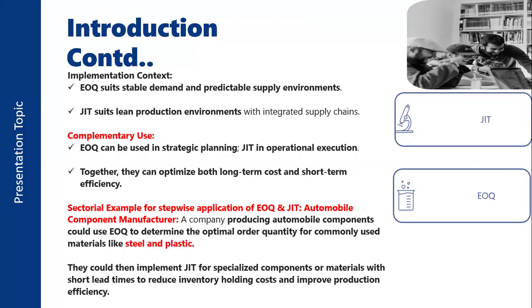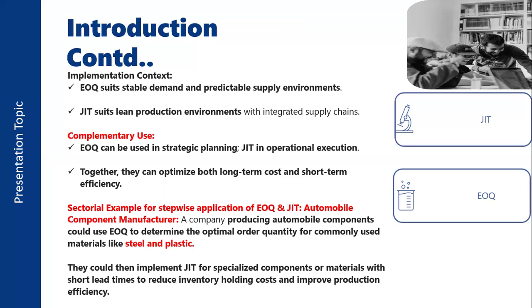Finally, we come to the complementary use, which means the use of both in togetherness as a process of production, and how they work simultaneously for the betterment of the manufacturing hub.